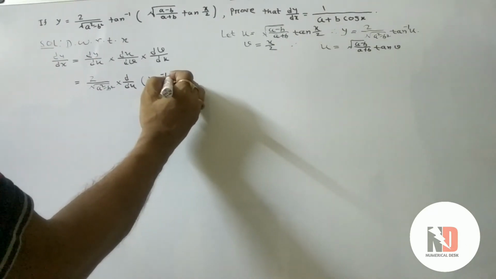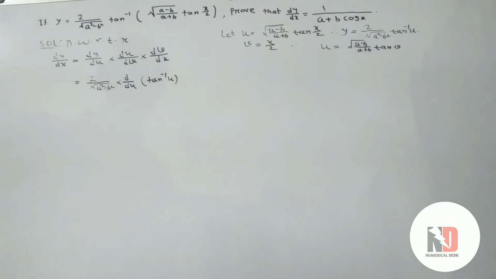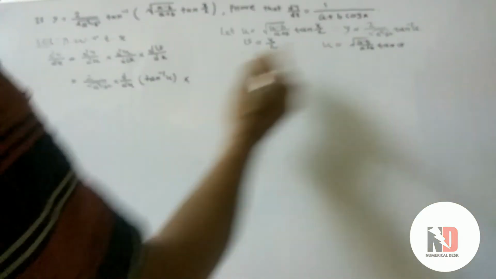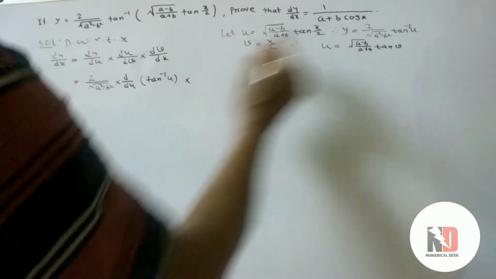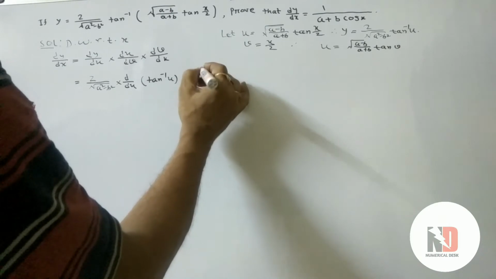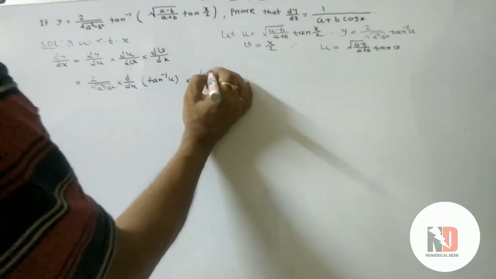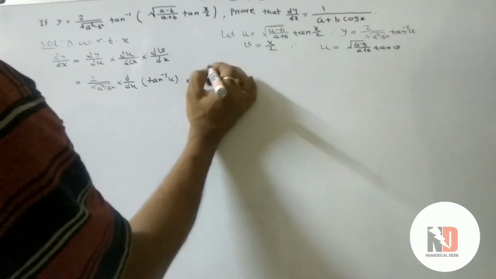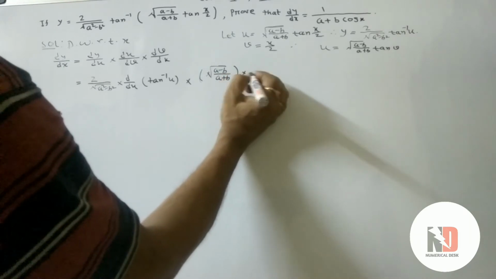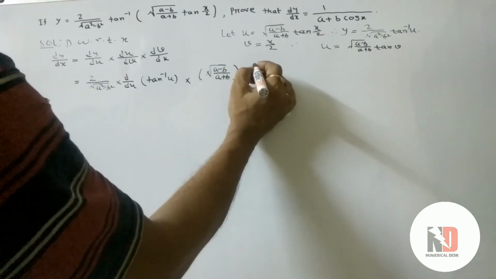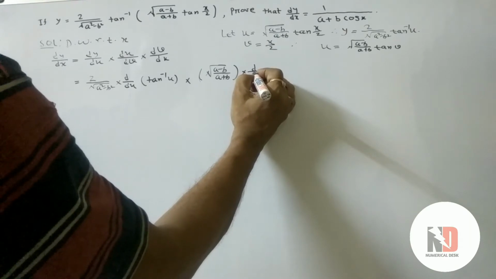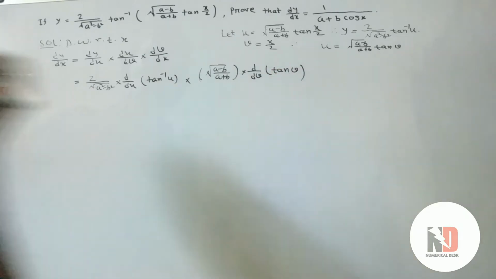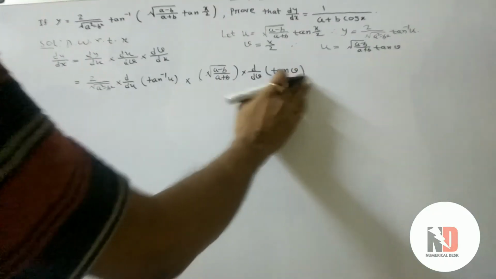Now the next step, we are putting the value of u in terms of v and then differentiating successively. Not a difficult sum. Now see the step is going on, and the matter, so root over a minus b by a plus b, so d by dv of tan v.